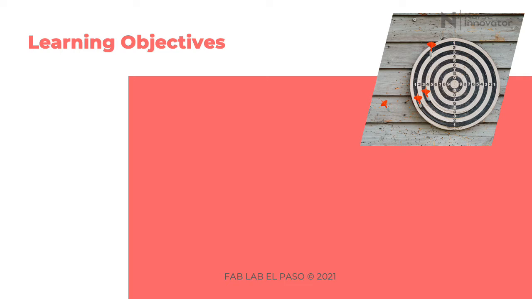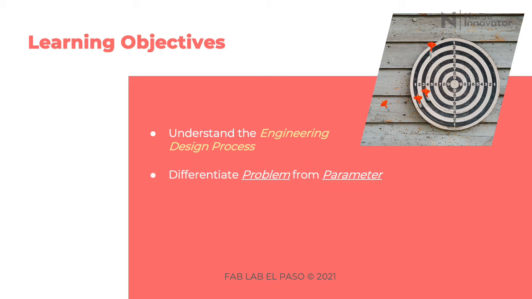There are some learning objectives that we would like to go over with you. By the end of this lesson, we will have covered the following topics. First, we will define the engineering design process and understand what the purpose of each step is. Next, we will identify whether a phenomenon, event, or idea is part of the problem or part of the parameter.